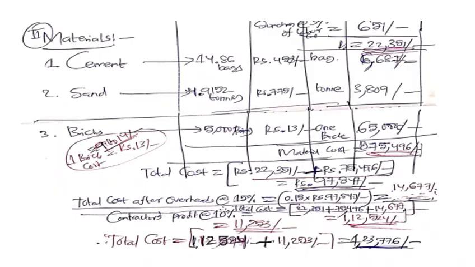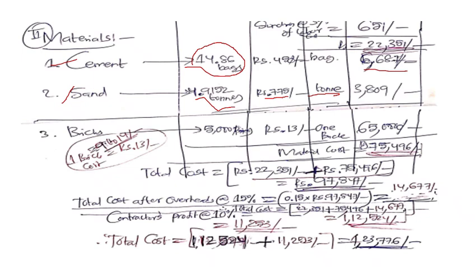So let's calculate the materials cost. First one is cement. The required cement is 14.86 bags. The present rate of one cement bag is 450 rupees. So 450 into 14.86 is equal to 6,687. The second one is sand. 4.9152 tons is required. The present market rate of sand is 775 rupees per 1 ton.